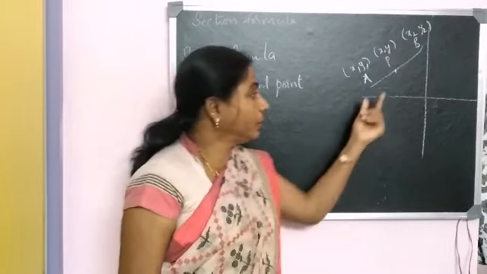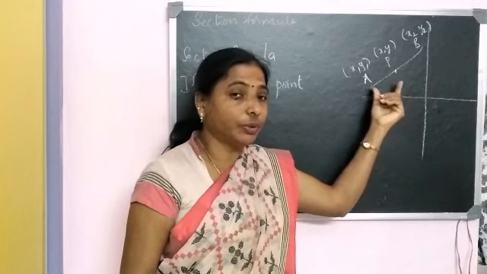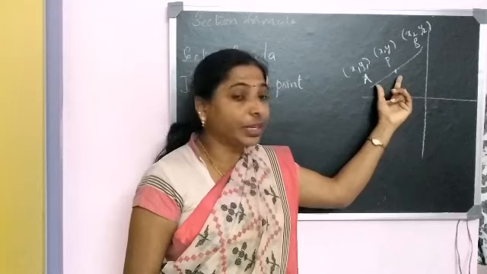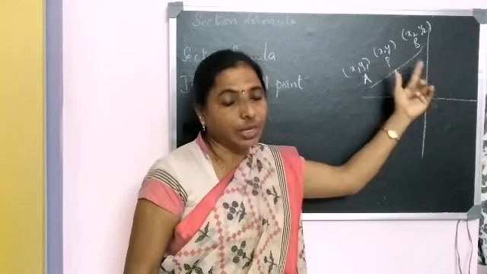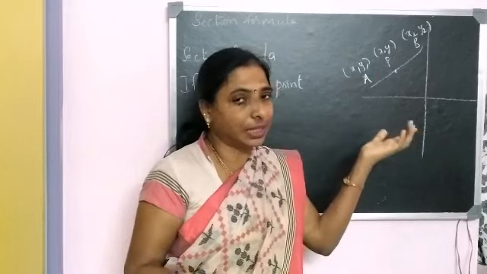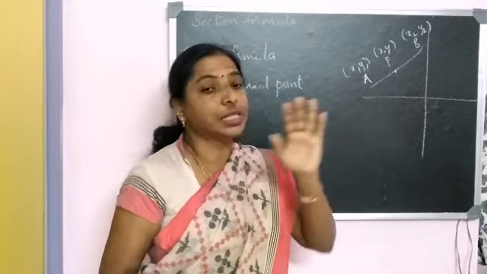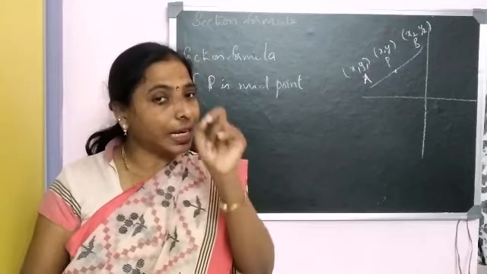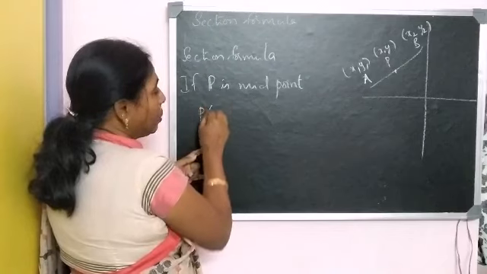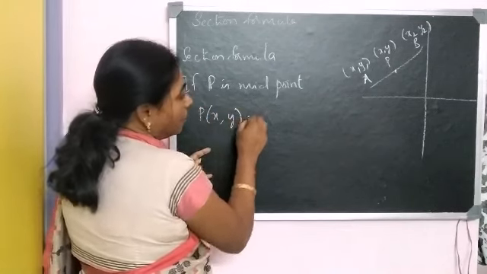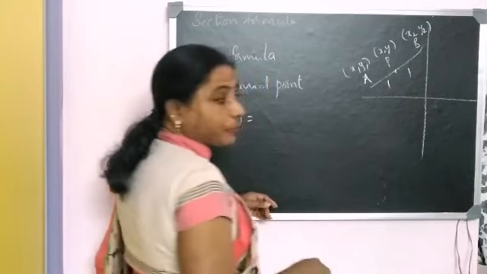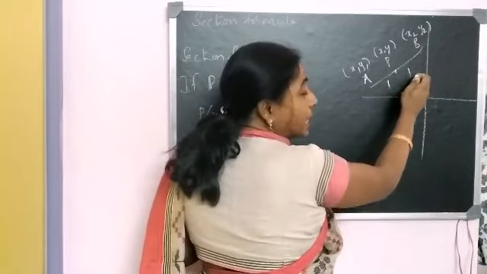I showed you, if we take it as sections, maybe this part is 4 or this part is 3, something like that. But think that if P is the midpoint, if P is at the middle point, then we will take it as P of xy, and as it is the midpoint, the ratio will be 1:1, because I am taking it as a ratio.